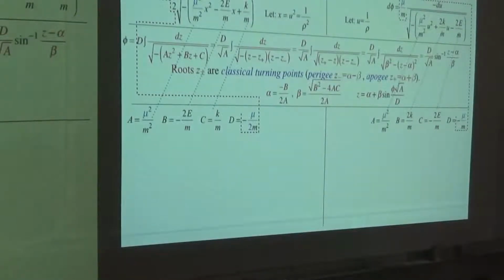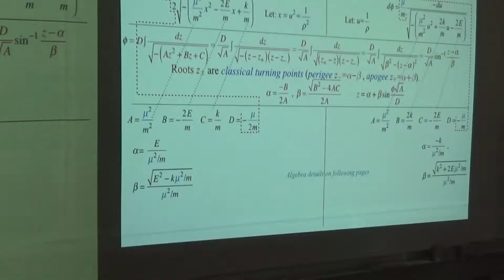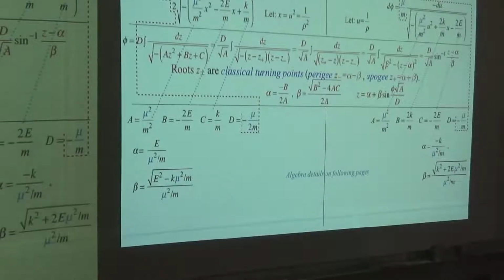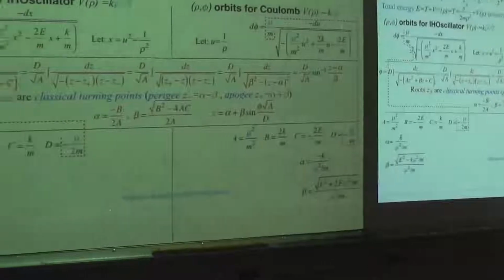So on the first go around, you get a relationship expressing alpha and beta in either case. The alpha and the beta are now ready for use. And then it's the algebraic details that are going to be on the next page. Really, most of it's on the next page, but it goes a little bit beyond that. In any case, here's what we're dealing with.